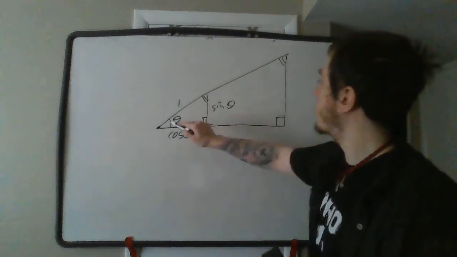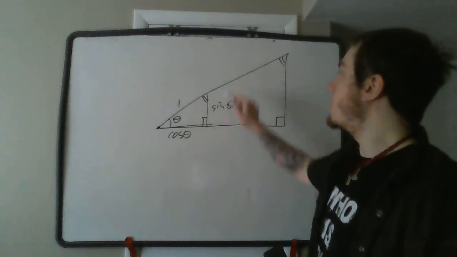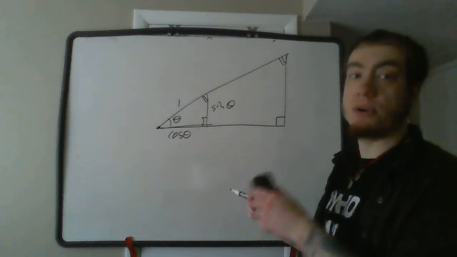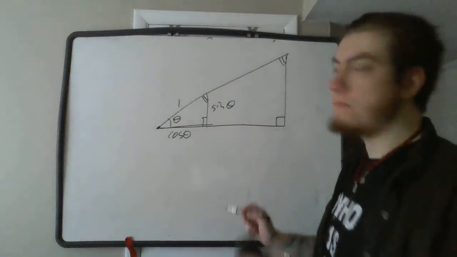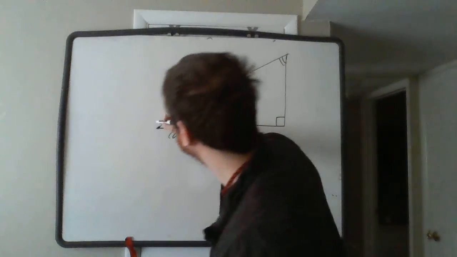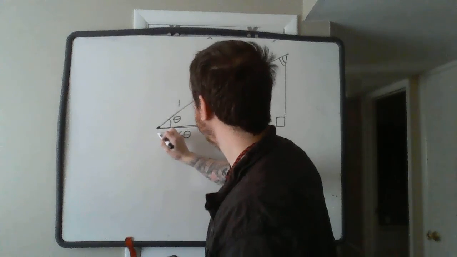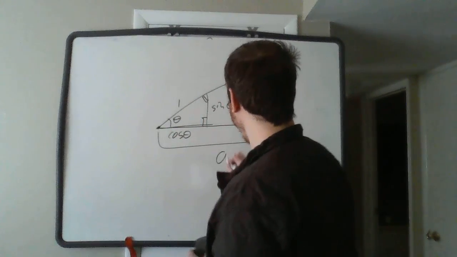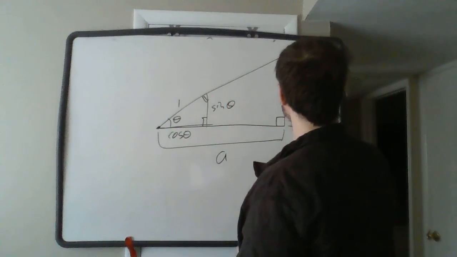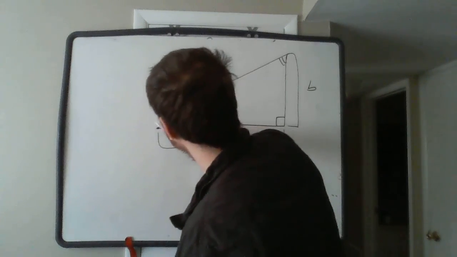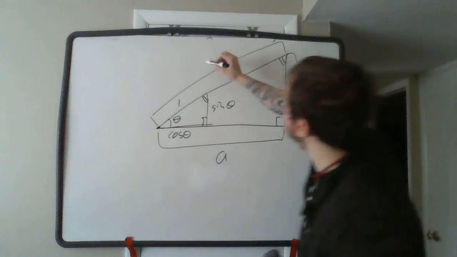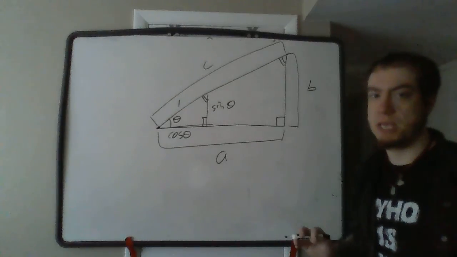In other words, you look at the corresponding sides of these triangles, and their lengths all have to have the same ratio. So, let's suppose that I call this length here A, call this length here B, and we will call the length of this hypotenuse C.